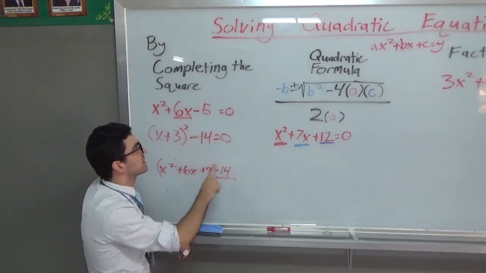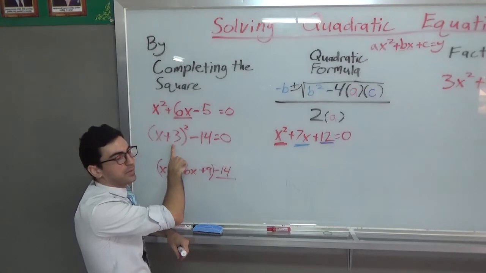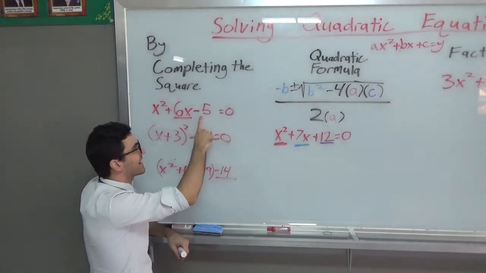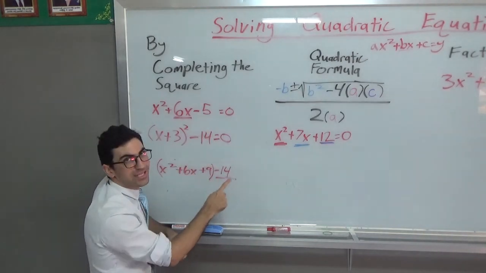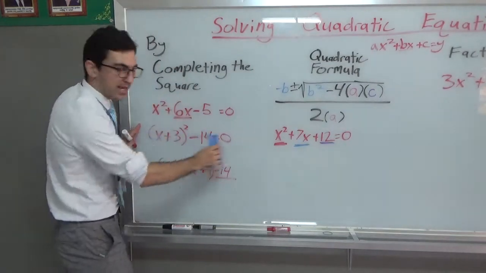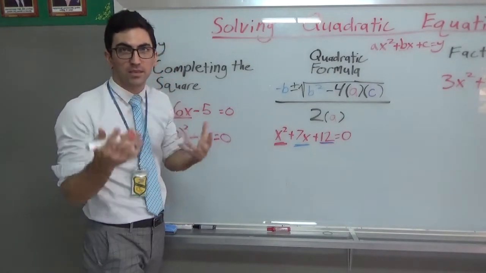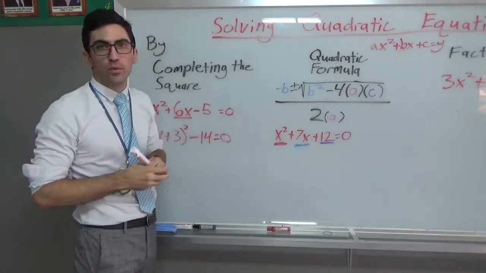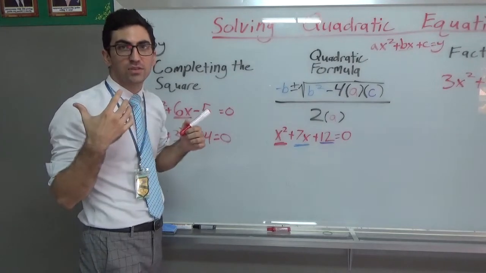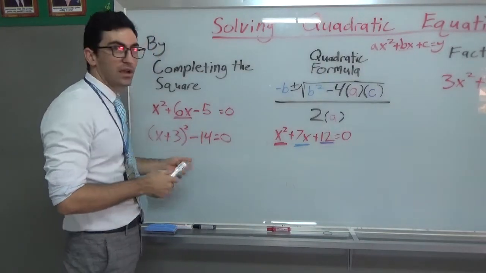In this case, since we have a positive 9 that goes with our square number, but we want a negative 5, we have to subtract 14. So this is our correct complete the square equation.